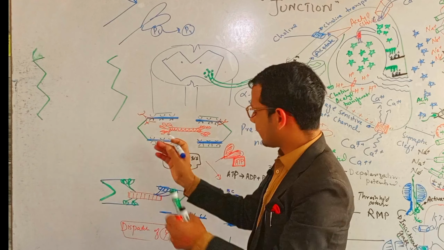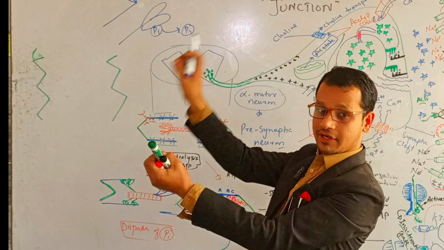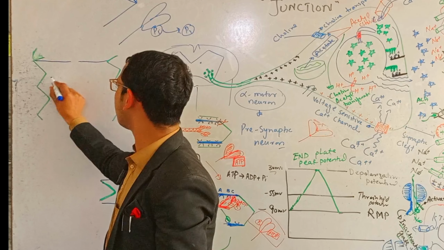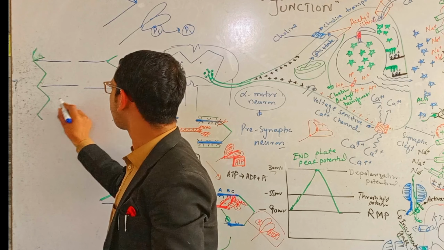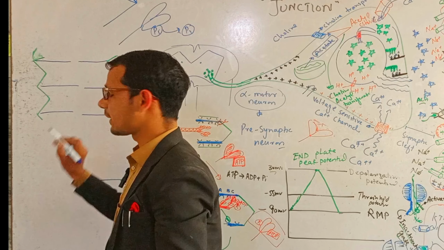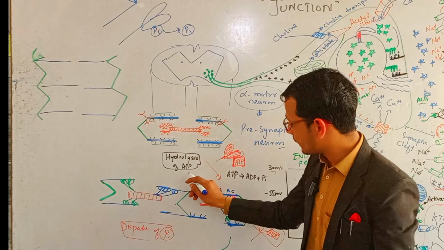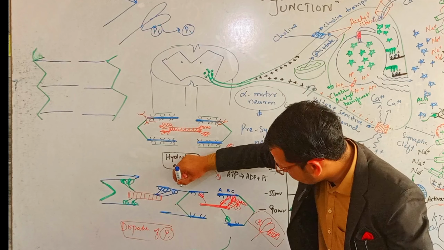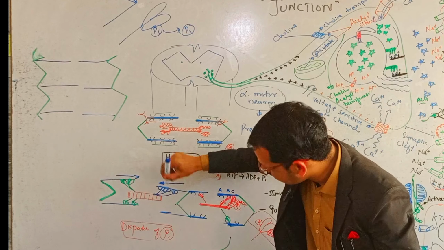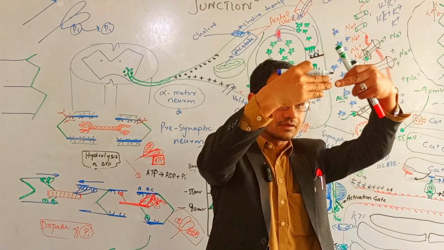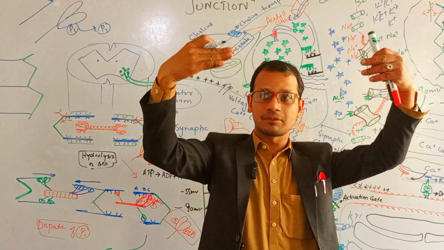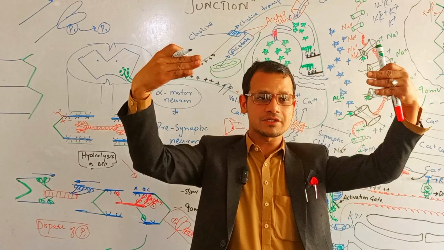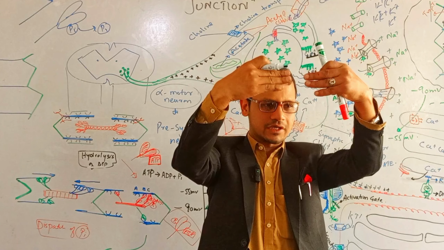When these myosin heads contract, they will pull the actin in their direction. And which direction? These heads will pull the actin in this direction, and from the other side in the opposite direction. For example, this is actin and this is actin, and when the myosin heads bend, they will pull the actin.